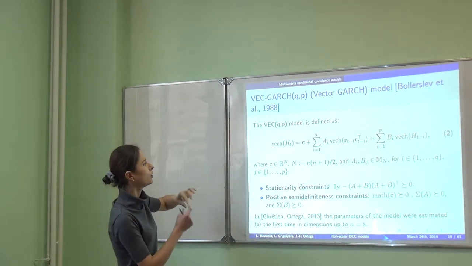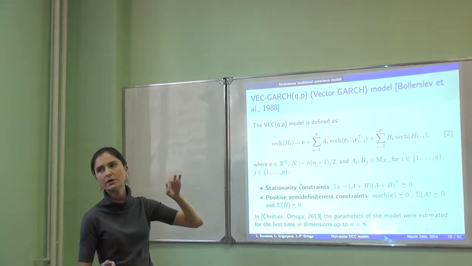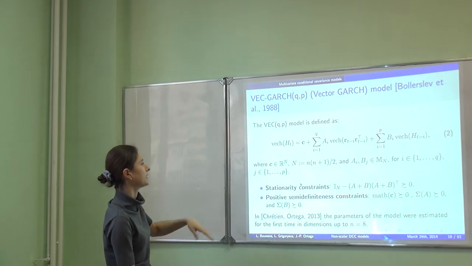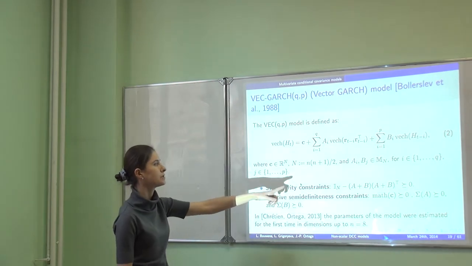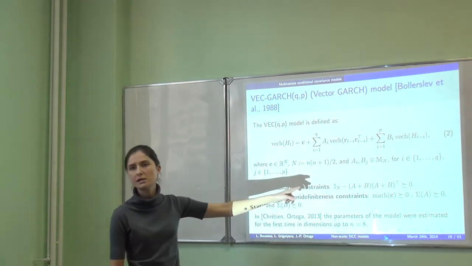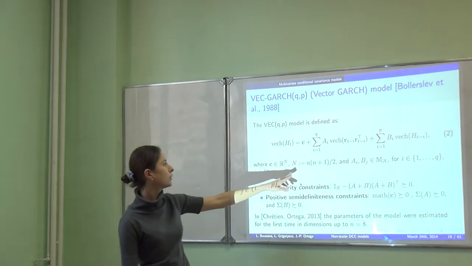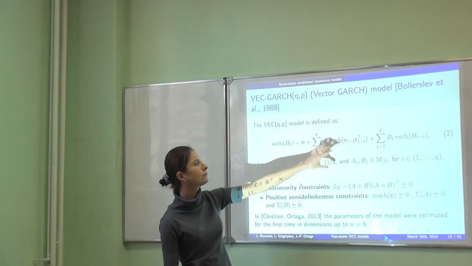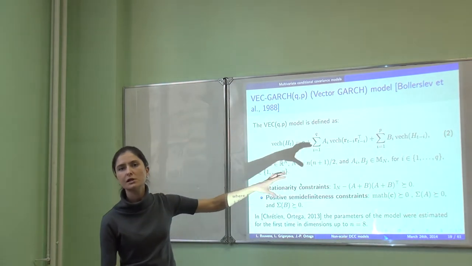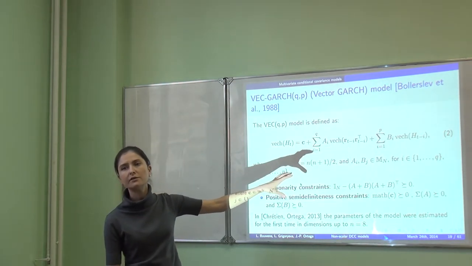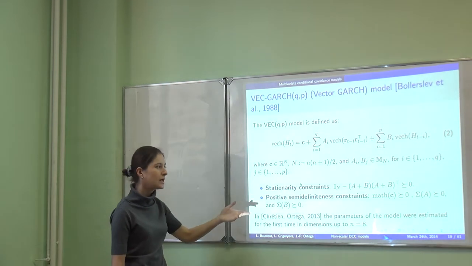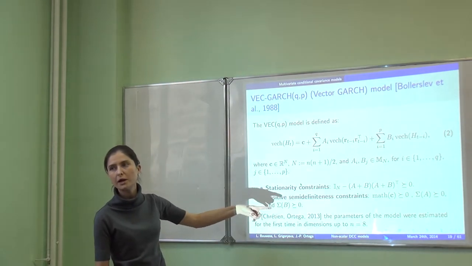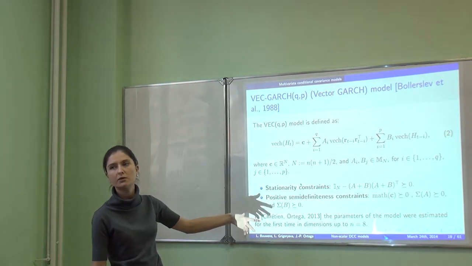So we always work with vectors containing only the lower triangular part of our symmetric matrix, with the main diagonal. Here the dimension, given that the number of assets is big enough, is already big N. So estimating the parameters of these models is not an easy task, and in addition we have some constraints that we have to keep in mind all the time when estimating these kinds of models.